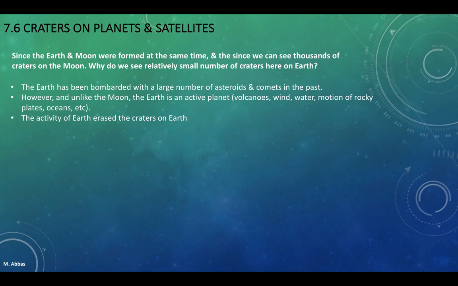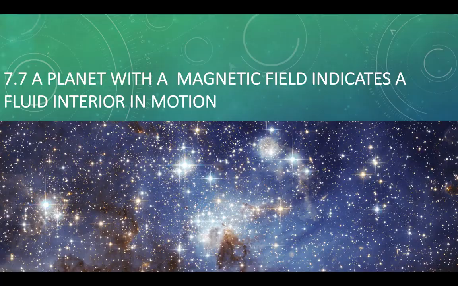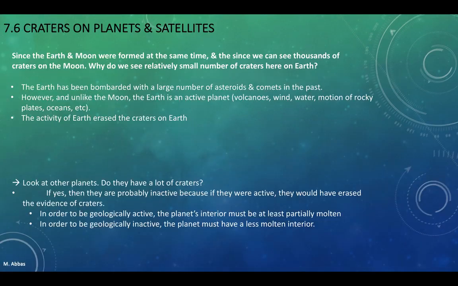So the Earth did have lots of craters, like all planets, but they were covered up. Okay? When a volcano erupts, for example, it will cover those craters. This is the idea of why some of them have craters while others don't.